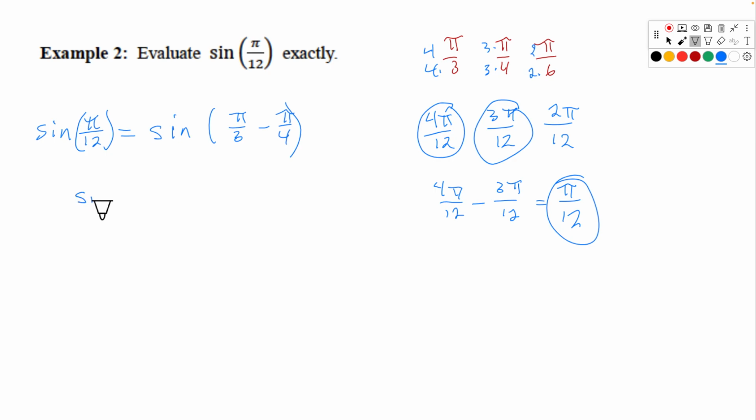It was the sine of the first angle, pi over 3, times the cosine of the second angle, pi over 4, minus cosine of the first angle times sine of the second angle.